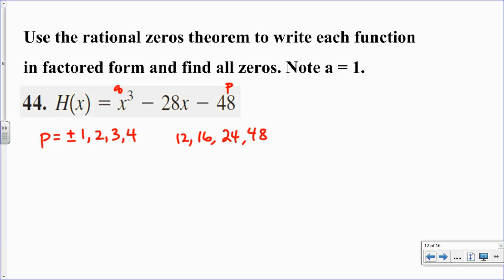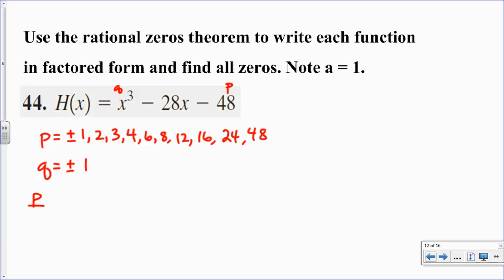What about 5? Nope. What about 6? 6 and 8. And then the only one left would be 7. Does 7 go into 48? No. Okay. And then for Q, it's plus or minus 1.